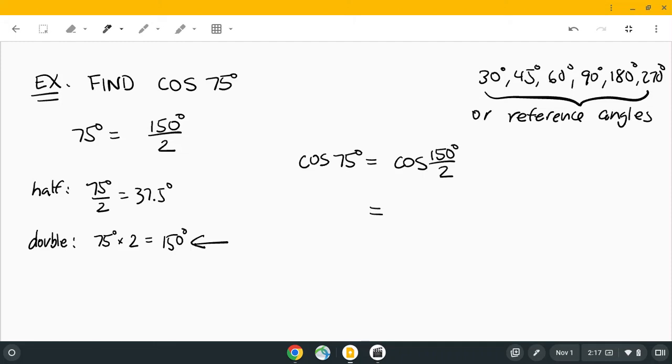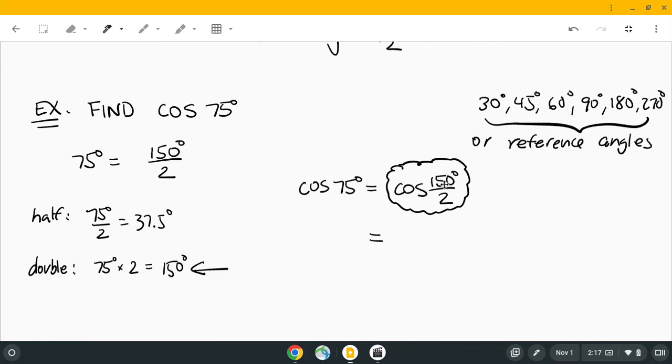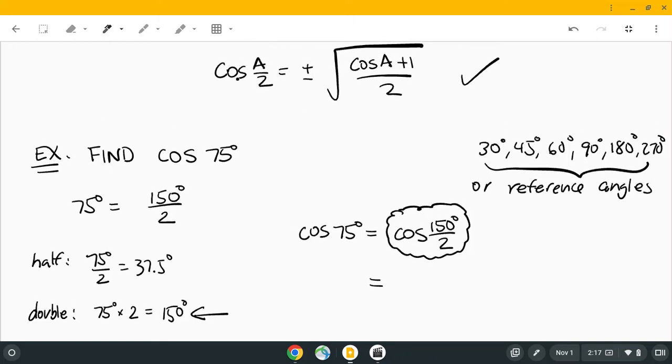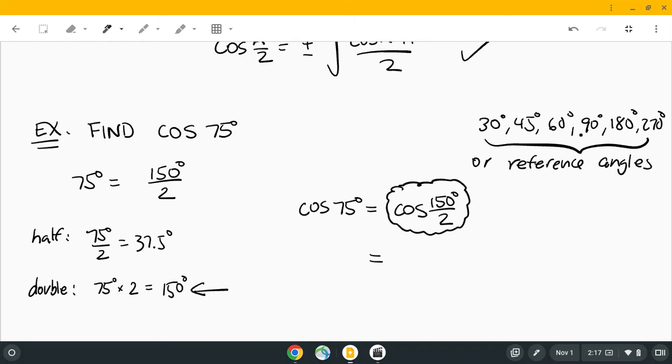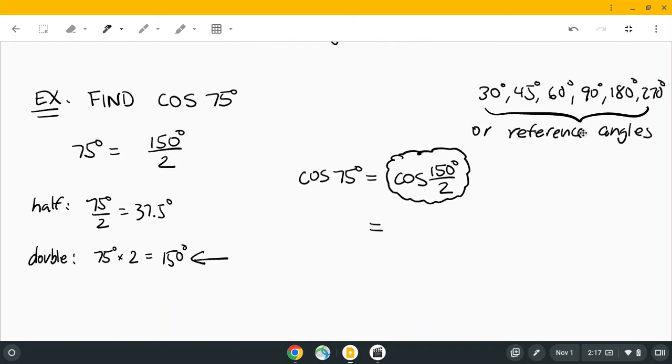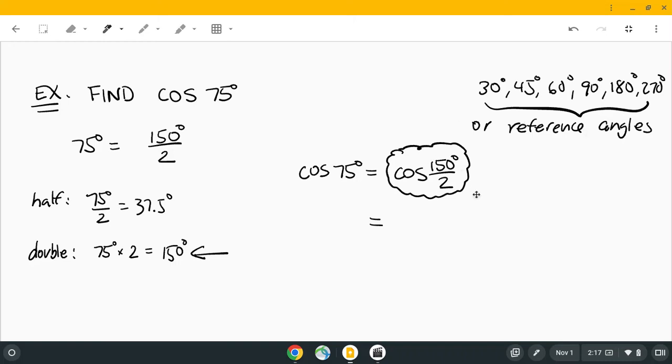And now, right here, this is my half angle. This is when I use my half angle formula, when you have something written as something over 2, cosine of something over 2. So 150. So cosine 75.